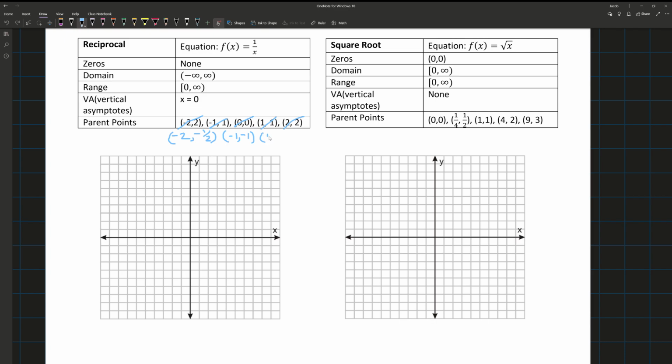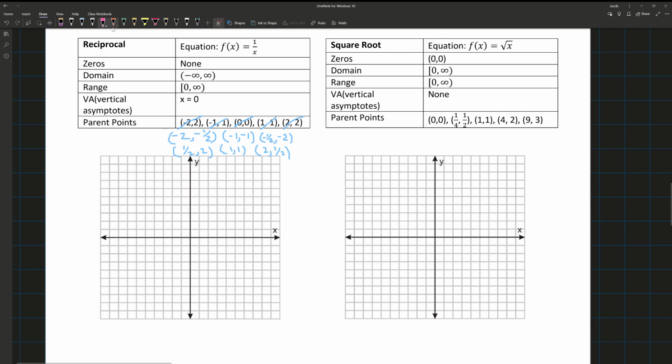We're going to have -1/2, -2. And then you can see the symmetry in these points, how it's going to be working for the positive direction as well. We've got 1/2, 2, 1, 1, and 2, 1/2. So those are the points we're going to use for our reciprocal function.